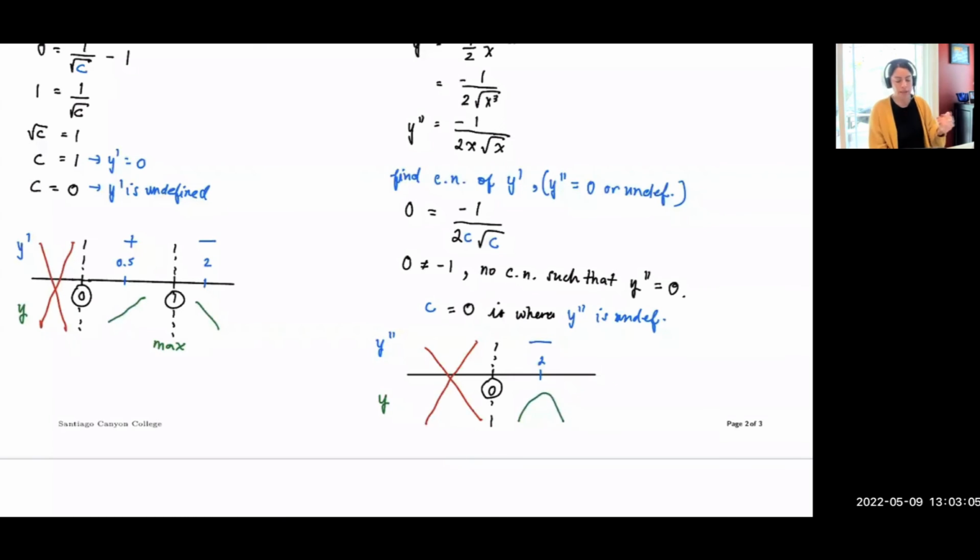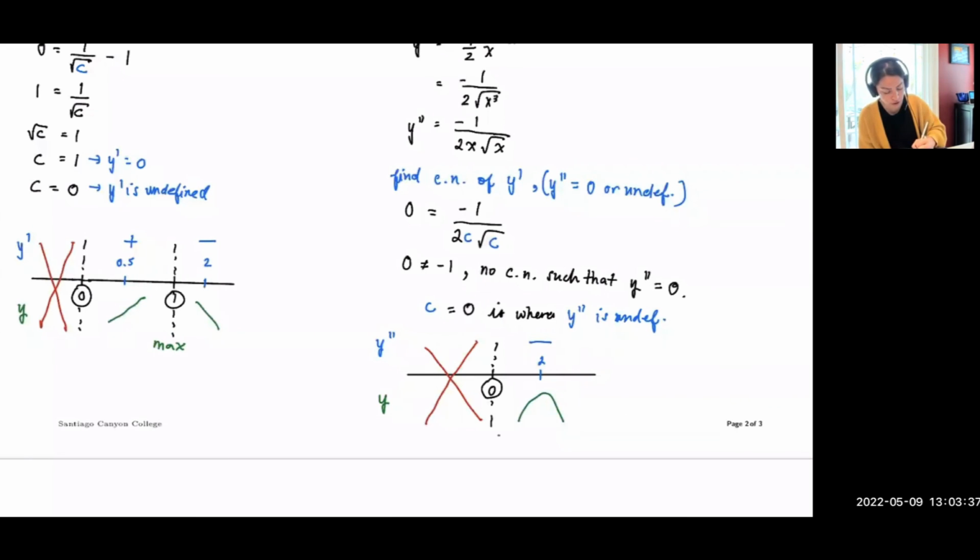It's really important we understand the difference between here and here. Here we only dealt with the first derivative to determine intervals of increasing and decreasing and local extrema. When you get to the second derivative category, you use the second derivative to determine concavity and points of inflection. We can see now from our number line that we only have concavity down and no changes within concavity.